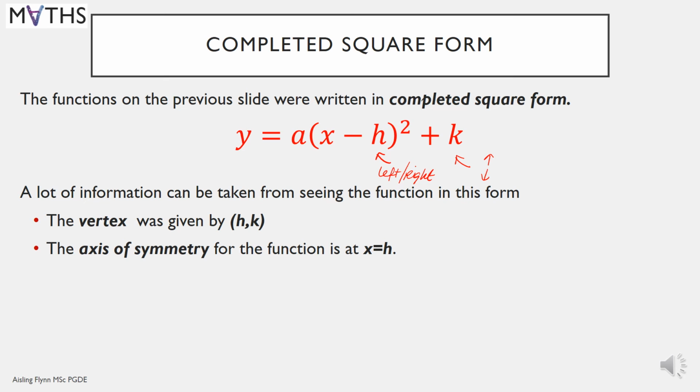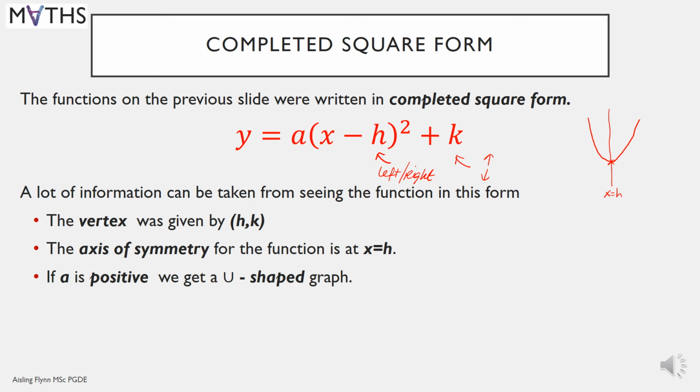The axis of symmetry for the function, so remember our quadratic function is U-shaped, and it does have an axis of symmetry where left equals right, is given as the position when x is equal to h. It centers around that. And we saw that if a is positive, so if the number being multiplied in front here is positive, you get a U-shaped graph.